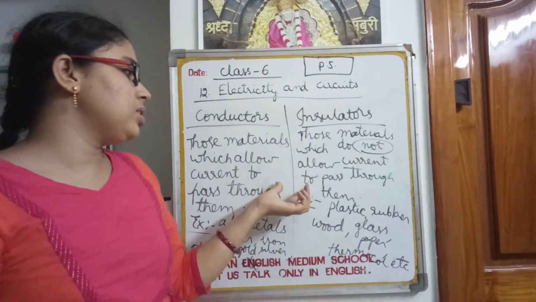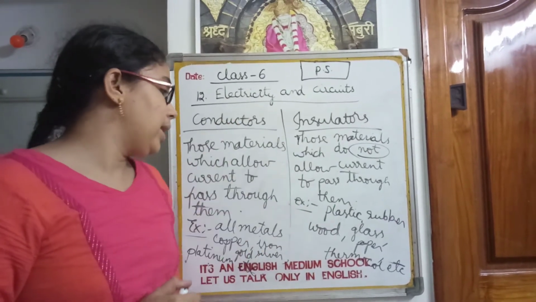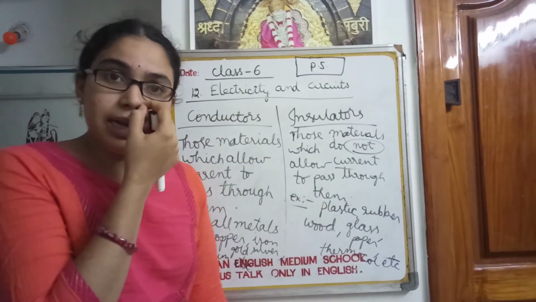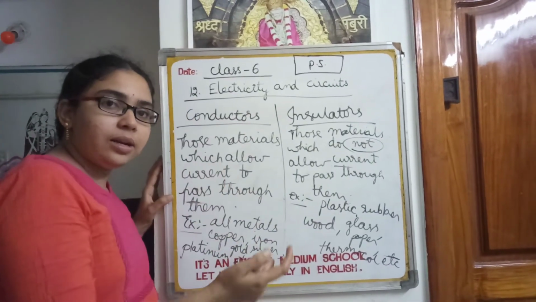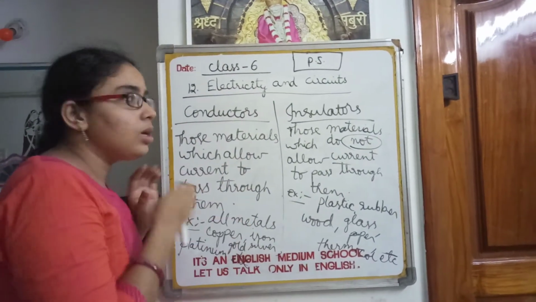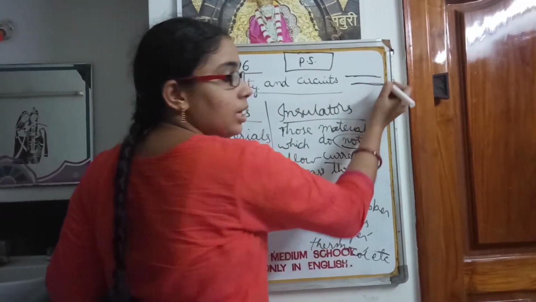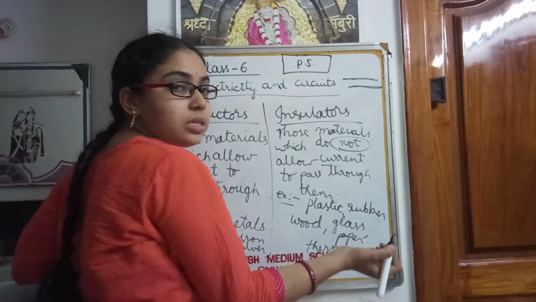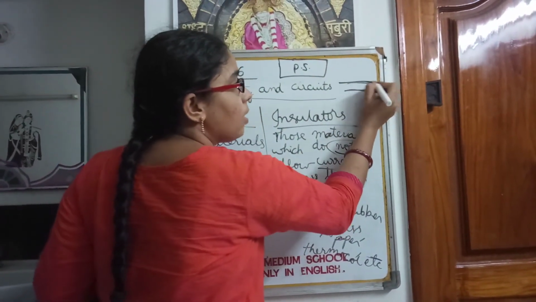So children, by this you may come to a conclusion that we need only conductors and we don't need insulators, but that is wrong. Why? Because see, generally electric wires are provided with some colored covering, isn't it? In your home you might have seen those, but now also observe.